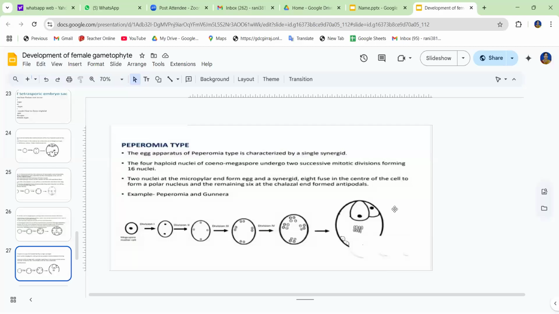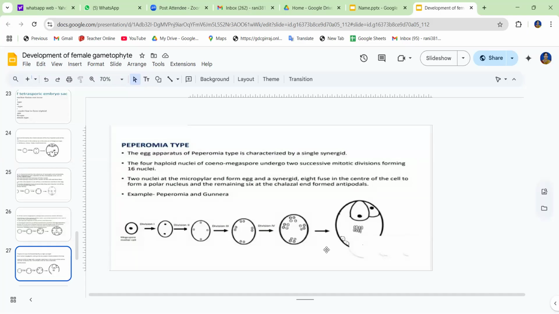And the remaining 6 are cut off at the periphery of the embryo sac, the lower portion arrangement. So out of 16, 8 are in the center portion, 6 in the lower portion, and 2 in the upper portion. That is the Peperomia type. The best examples are Peperomia and Gunnera.